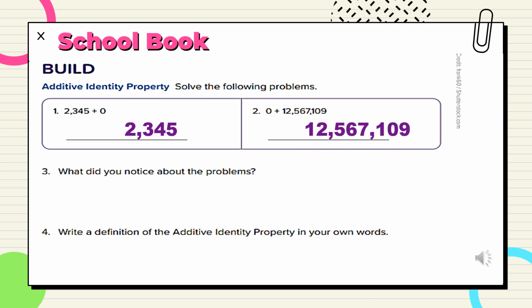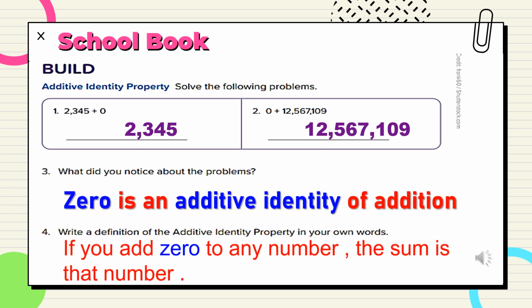Number 3, what did you know about this problem? So we note that 0 is an additive identity of addition. So what's meant by additive identity? It means if you add 0 to any number, the sum is that number.